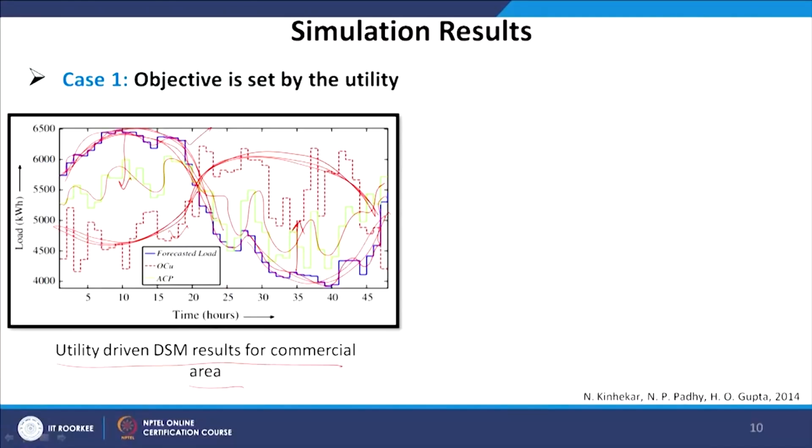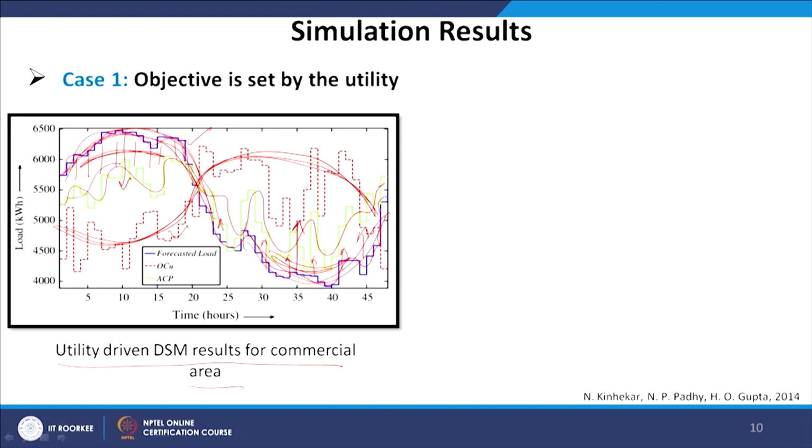And why is it happening? Most of the loads have been shifted from that hour to this hour, so that the time of operation of few devices have been shifted from this zone to this zone.